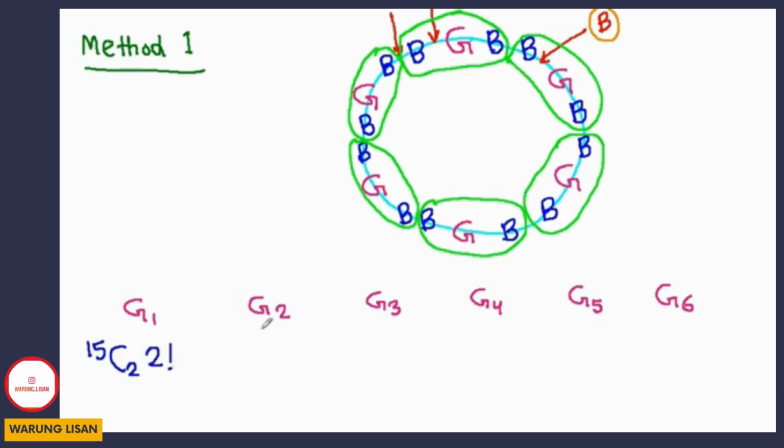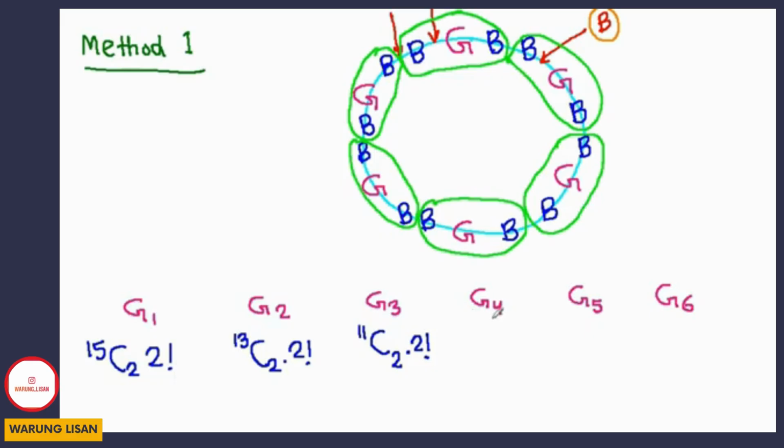And now for G2, we have only 13 boys left. We have already selected 2 boys out of 15 boys. So here we have 13 boys left, and we have to select 2 boys, and these 2 boys can also be arranged in 2 factorial ways. And now for G3, we have 11 boys left, and we have to select 2 boys, and 2 boys can also be arranged in 2 factorial ways.